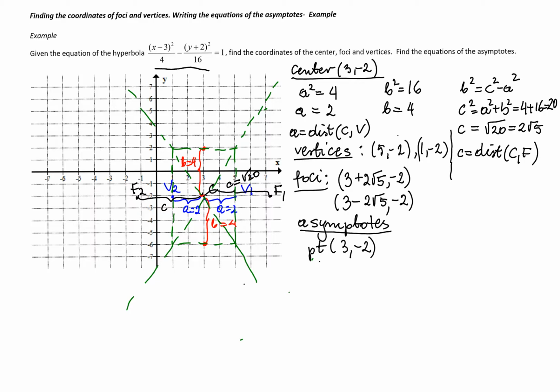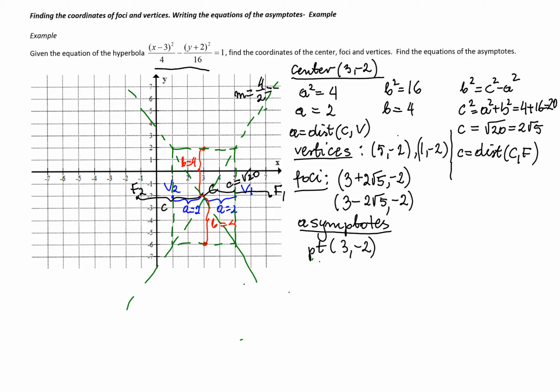So if you look at the line that goes through the center and this vertex of the rectangle, this line has the slope m equals, well, we'll start with the center, and to get to that vertex of the rectangle, we'll have to rise b equals 4 units and then run 2 units. So the slope is 4 over 2, which is 2.